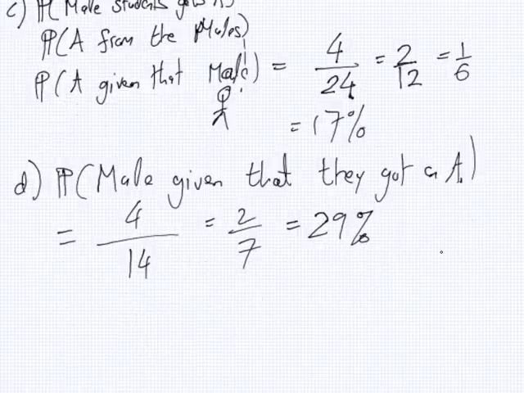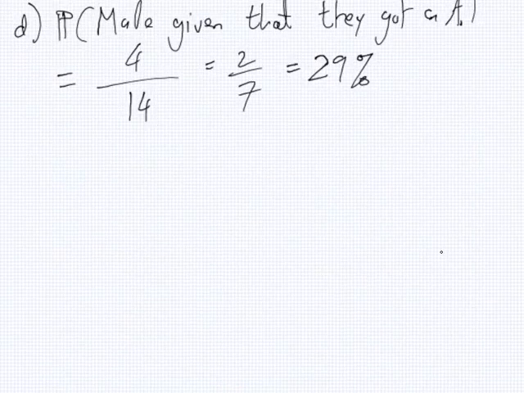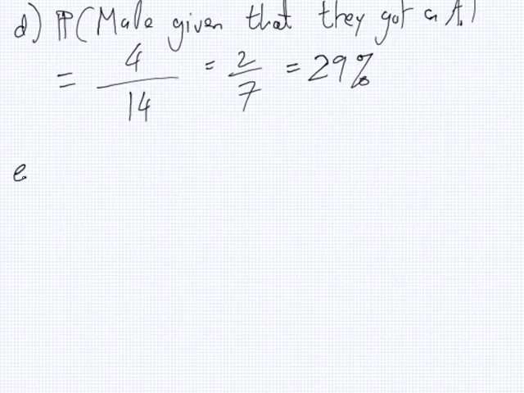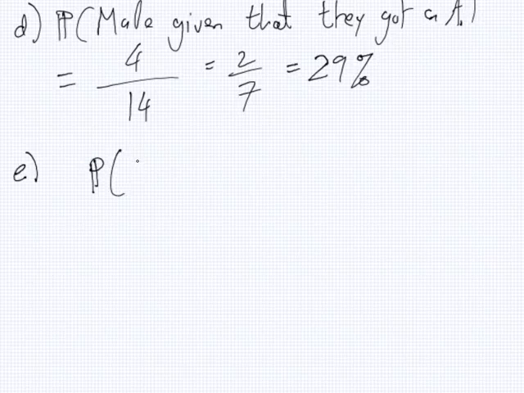Okay, another one like this, yeah? Let's make it a little bit trickier now. Let's say the probability that the student will get a B. Yeah, let's just do another one like this.